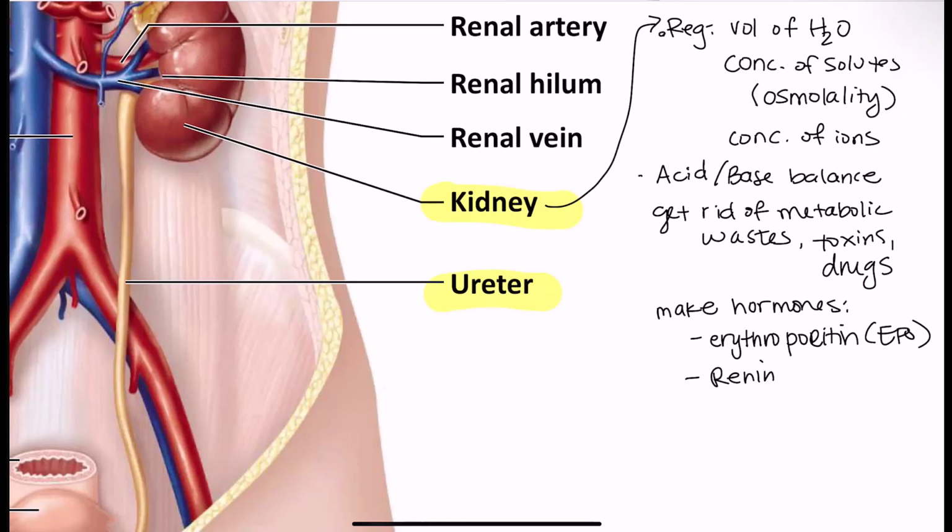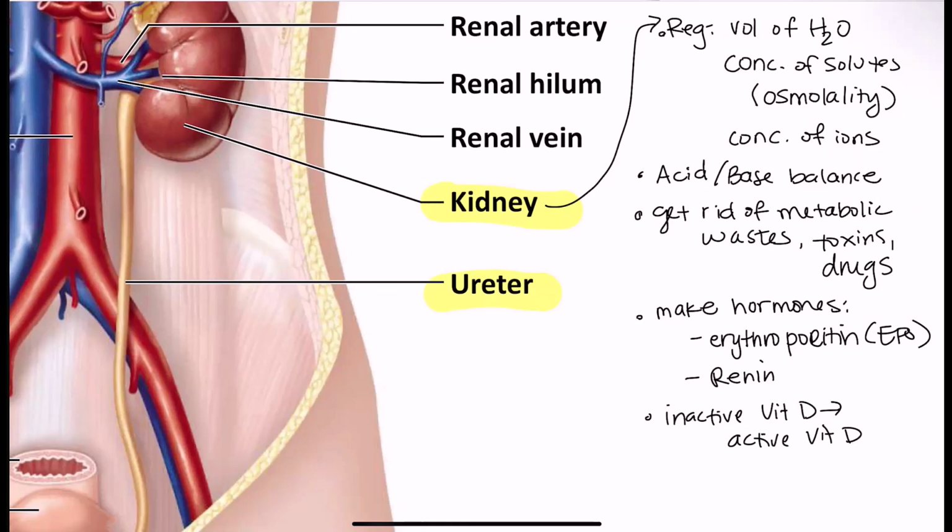So we regulate stuff, acid-base balance, get rid of stuff, make some hormones, and then we also can convert inactive vitamin D and form it into active vitamin D. So we can activate vitamin D and a bunch of other stuff.